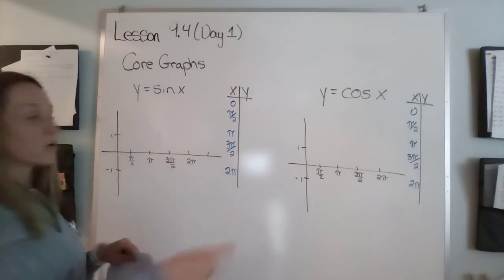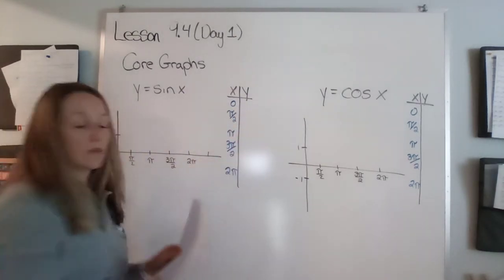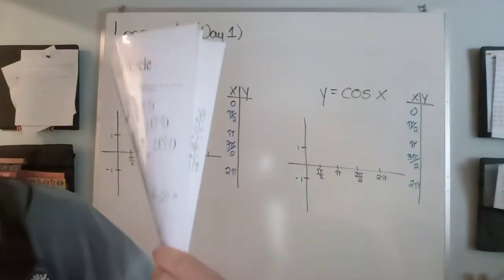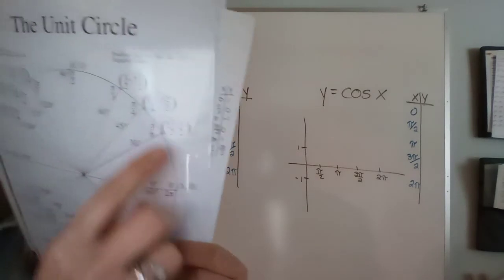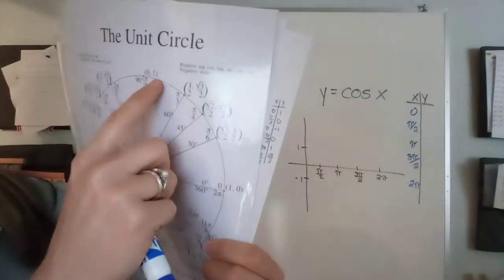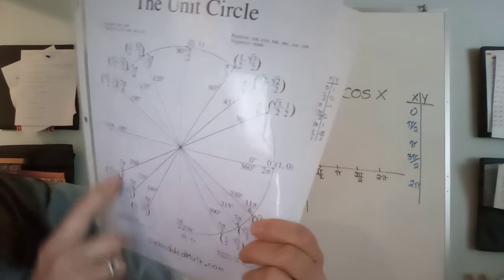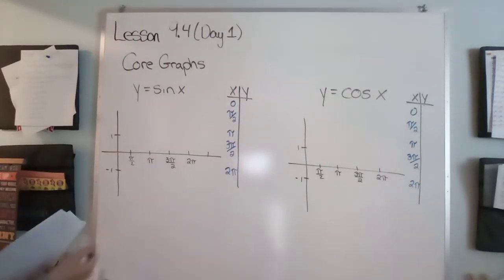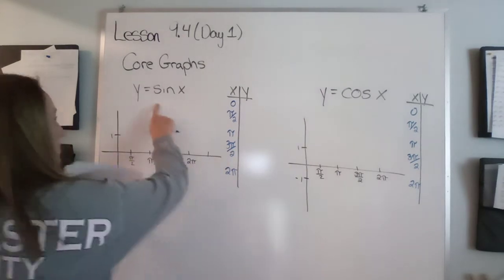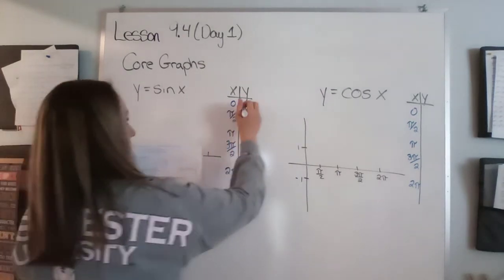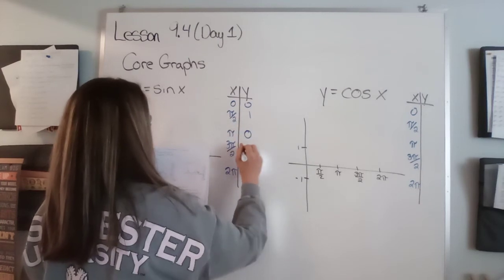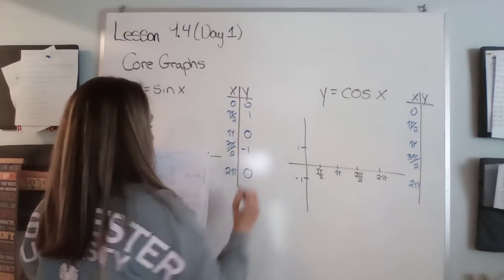And then we want the corresponding y values for those points. So the y values are 0, and then 1, and then 0, and then -1. Okay, so that's where these values come from. All right, so for sine of x, it's going to be 0, 1, 0, -1, and 0.